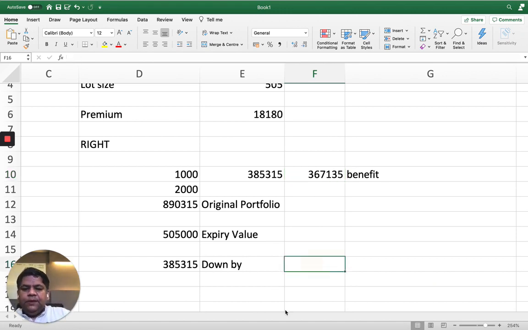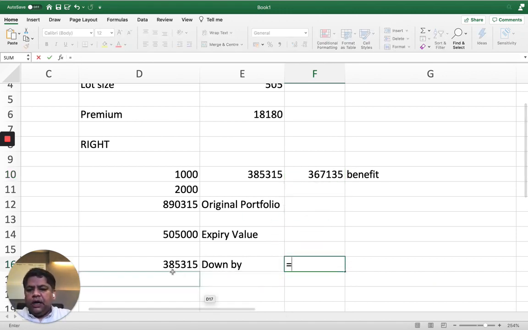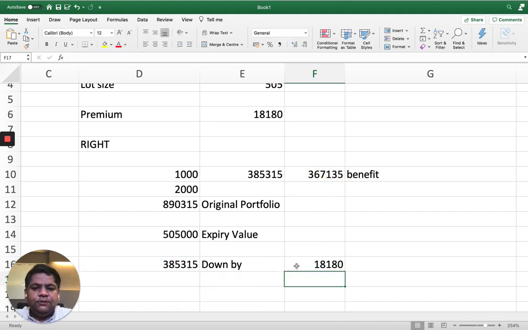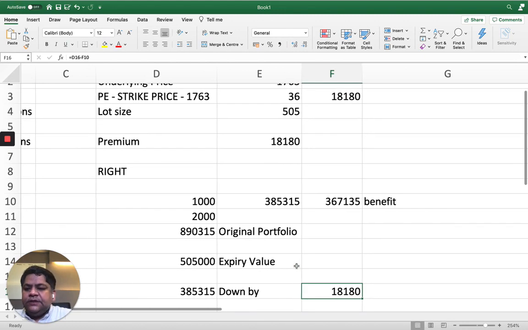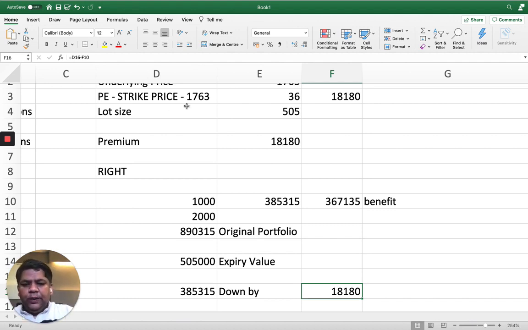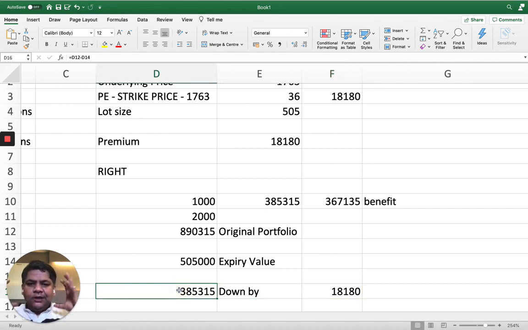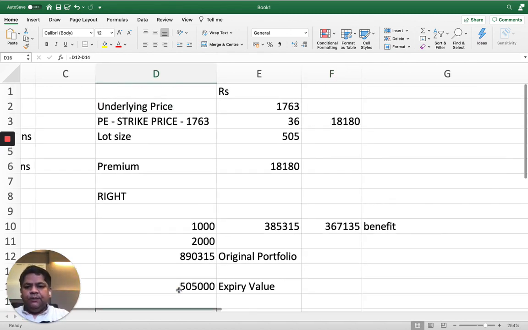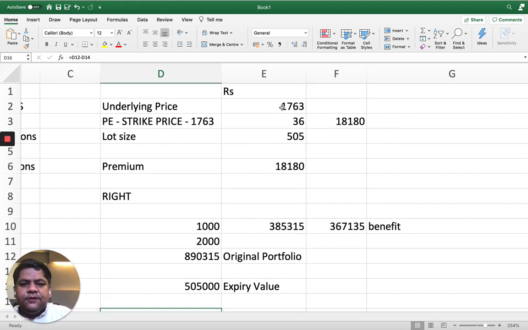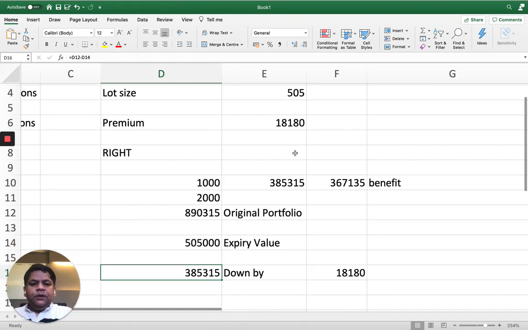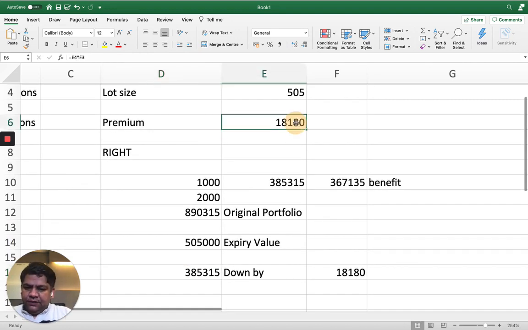Now since you are down by this much and you made a profit of this much, what you will see is that whatever is the premium is something which you are going to lose, whether you buy a call option or a put option. So even when you bought the option, you were not able to safeguard all the loss which has happened because of the stock price coming down from 1763 to 1000 rupees, right? Because one premium you have to give, right?